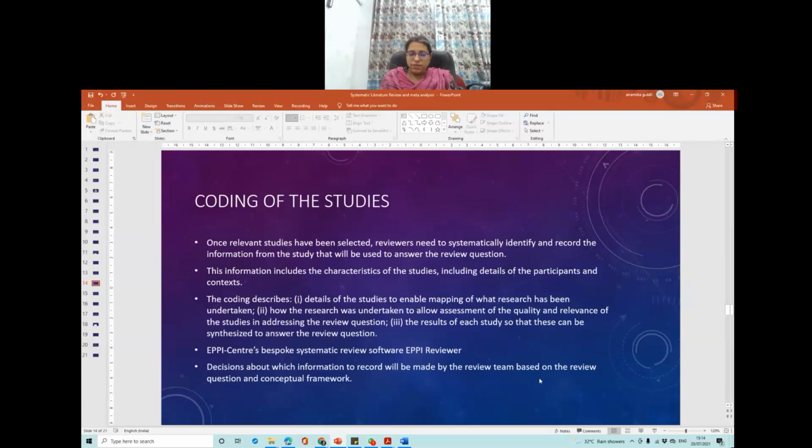So, for example, a systematic review about the relationship between school size and student outcomes collected data from primary studies about each school's funding, teachers, students, and school organizational structure, as well as about the research methods used in the study. The information coded about the methods used in the research will vary depending upon the type of research included and the approach that will be used to assess the quality of the relevant studies. So that all will change accordingly.